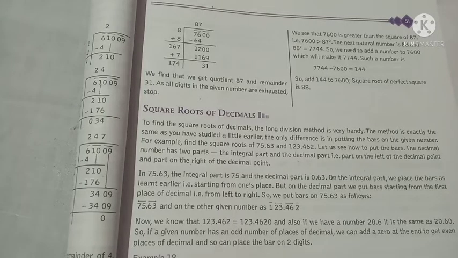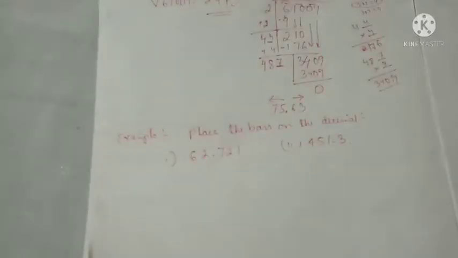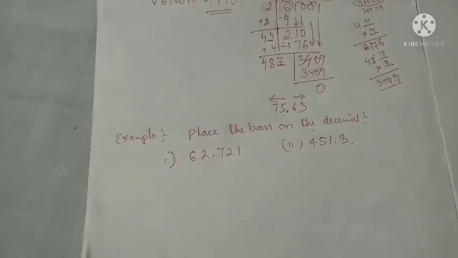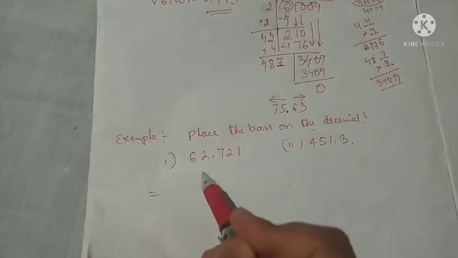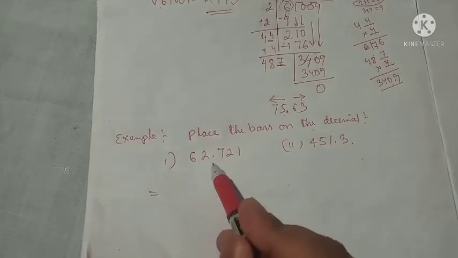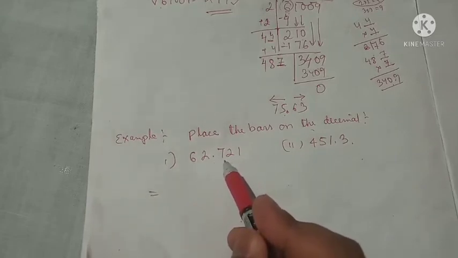So first, let us take an example of placing the bar on the following decimals. Here, the first one is 62.721.